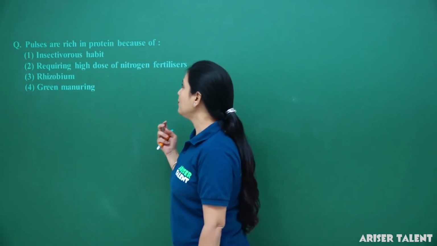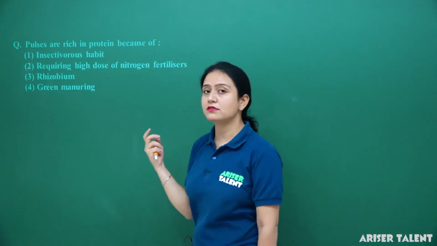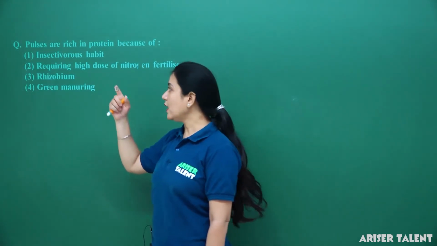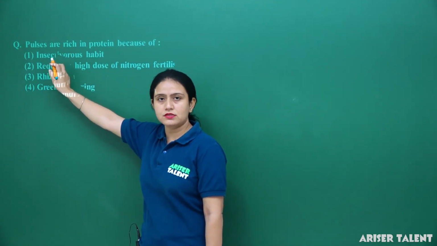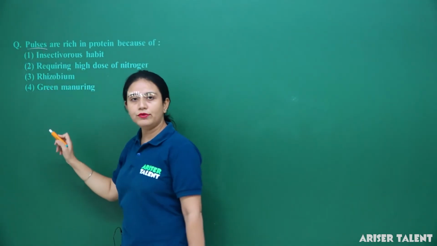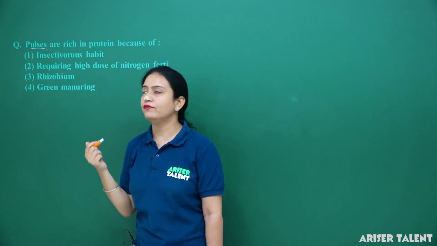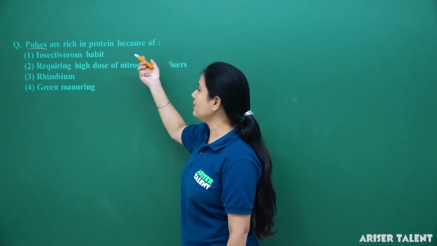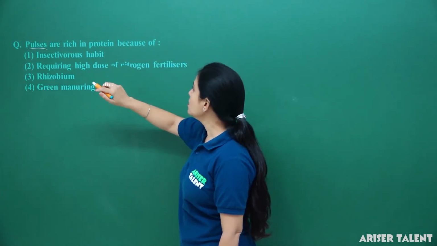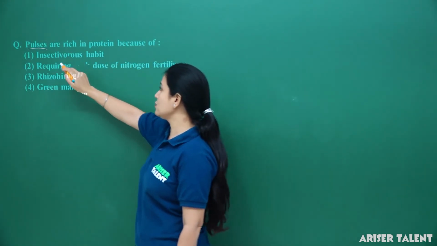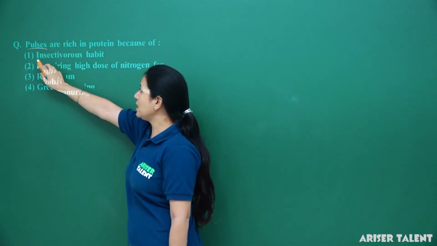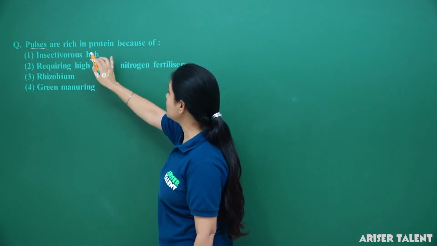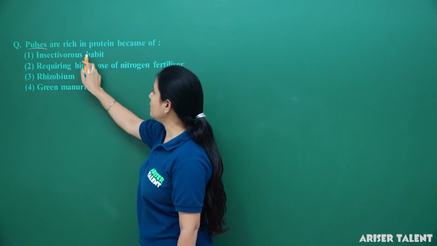Pulses are rich in protein because, why are pulses rich in protein? Because we know that pulses are leguminous plants, and in the roots of leguminous plants generally what are present? Rhizobium bacteria are present. So they are rich in protein because of insectivorous habits?